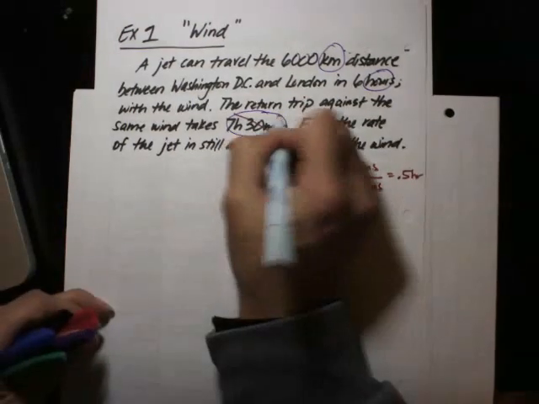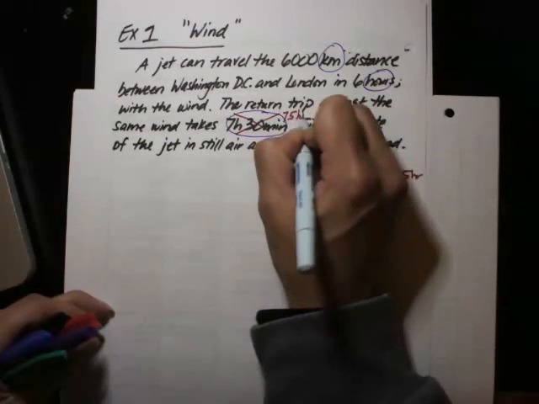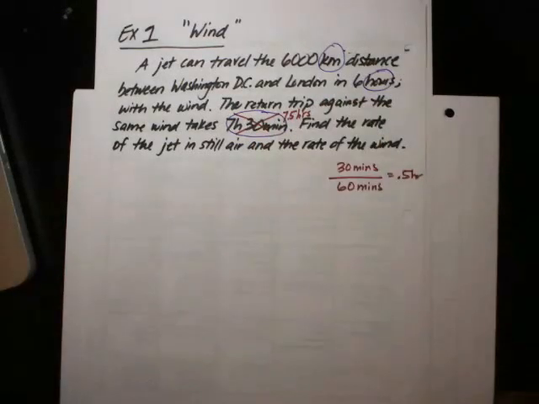Okay, so what I'm going to do is cross this out and rewrite this as 7.5 hours. You might have done this before with Mr. Nguyen. Okay, now all the unit measurements are consistent, so we can go on and solve this problem.